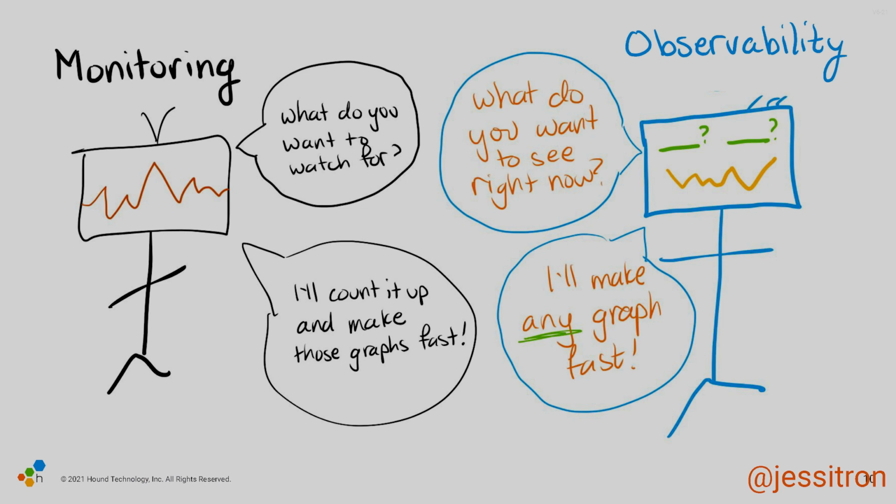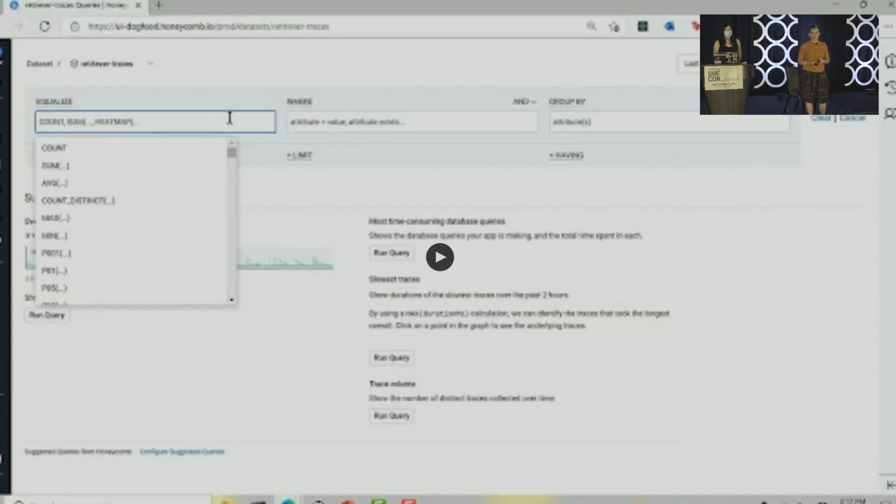In observability, we ask, what do you want to see right now? And we store all of that in raw event data so that we can make every graph fast. But making every graph fast without pre-aggregation is a challenge. And that's why we have a custom data store.